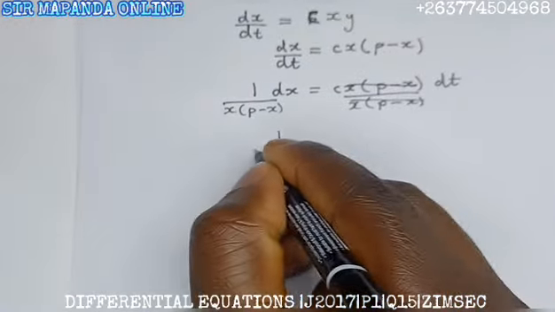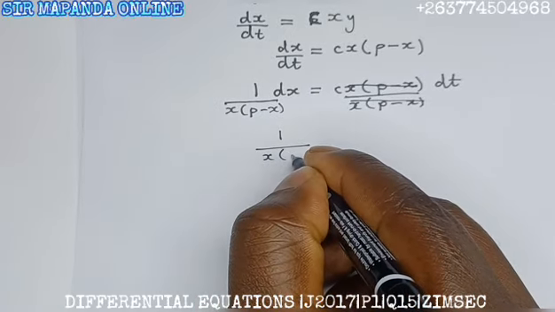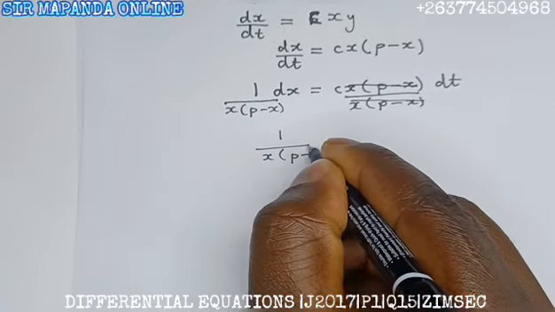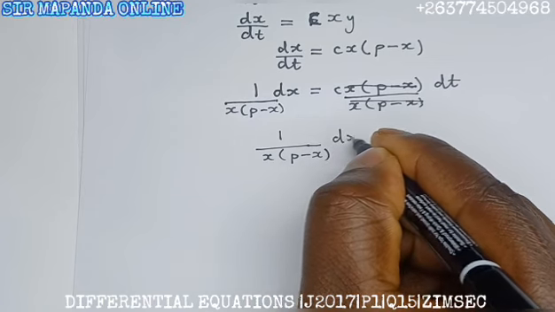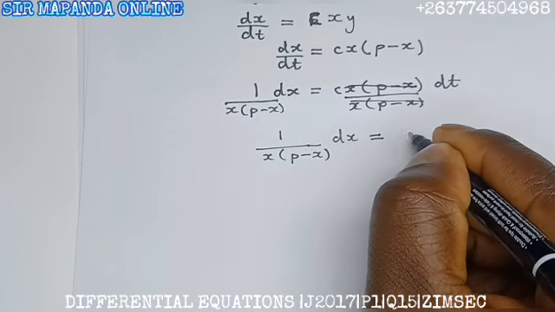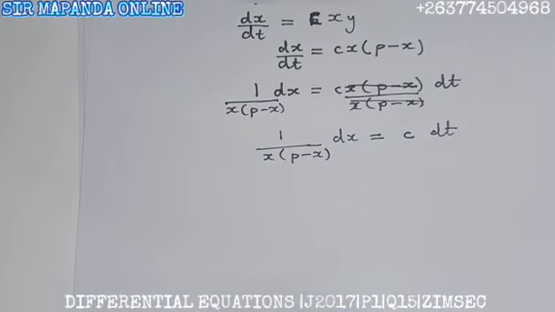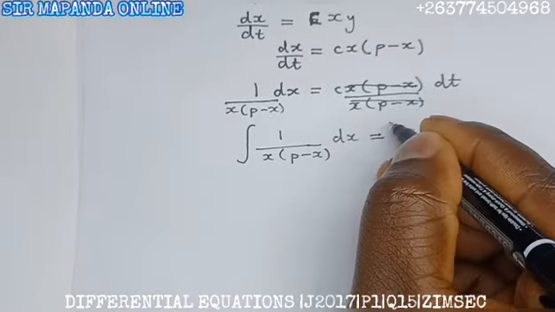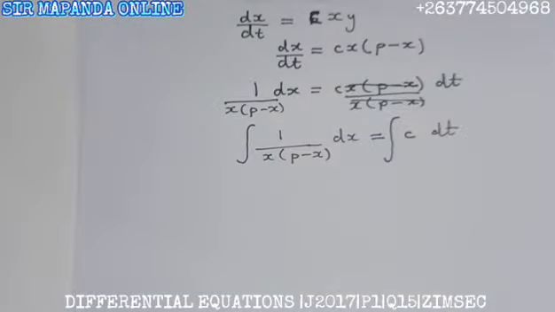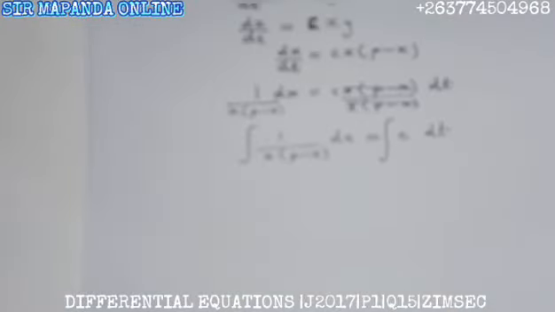You now have 1 over x, P minus x, dx on the left side. Then on the right side, you have c dt. Then you put the integral sign on both sides after the separation of variables. I hope you are listening.